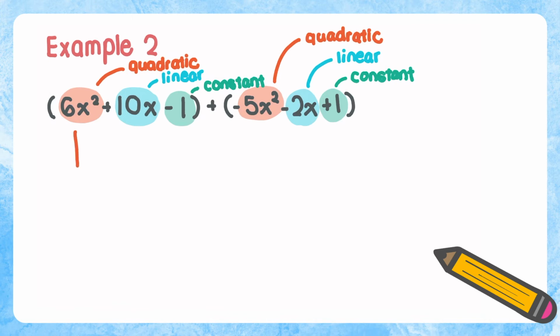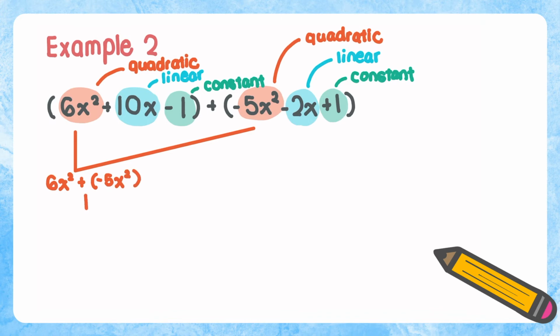Let's start off by combining the two quadratic terms. So 6x squared plus negative 5x squared. Think of it as having $6 and then spending $5. How much do you have left? $1.